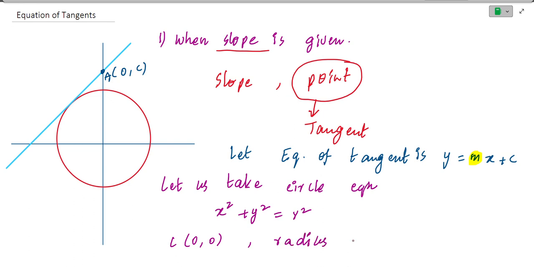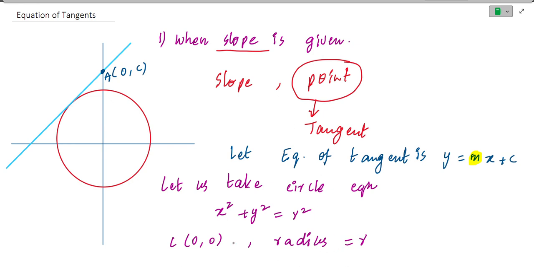I have taken this simplest form of the circle because after finding the condition for c, I will expand this. I will similarly write the same type of equation for the other formats of the circles also. So now this is the circle equation: x square plus y square is equal to r square.